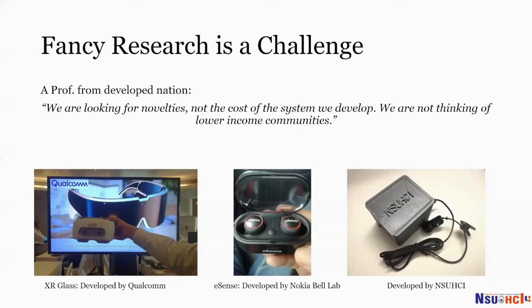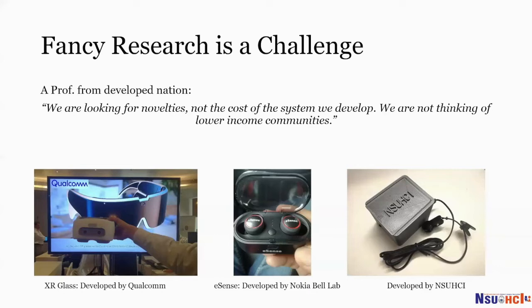The other thing is, I have put in some of the gadgets that I have experienced. The first one is the Qualcomm XR glass, which I just geared on last year, and it was so amazing.